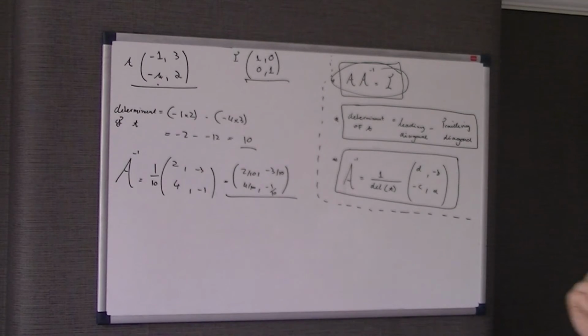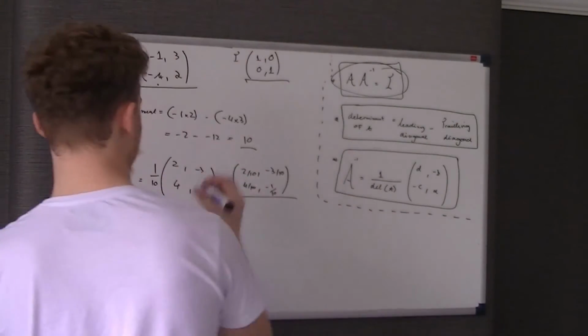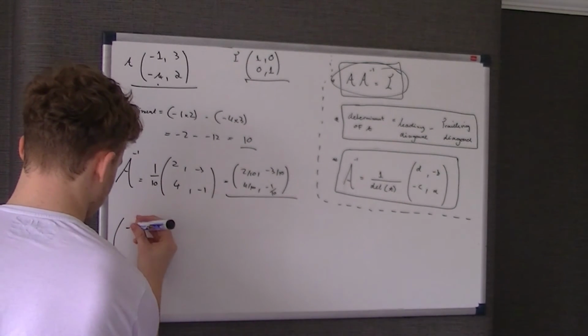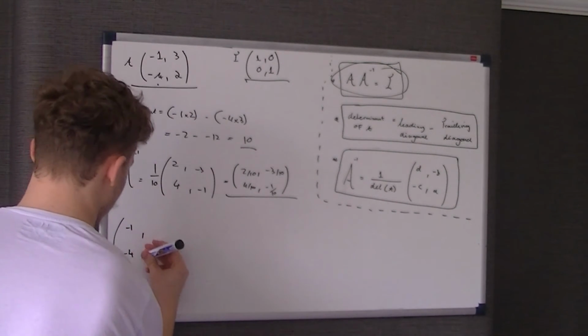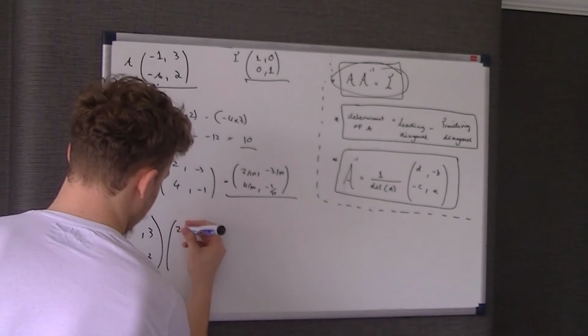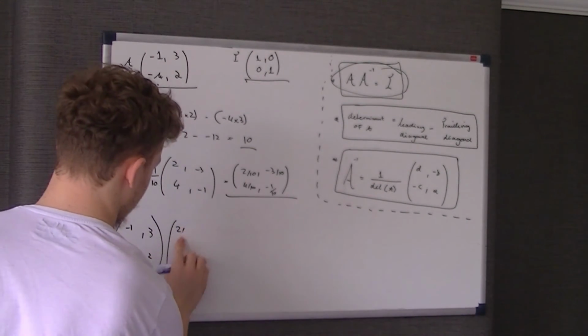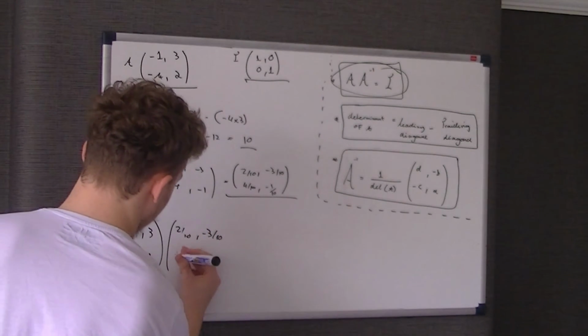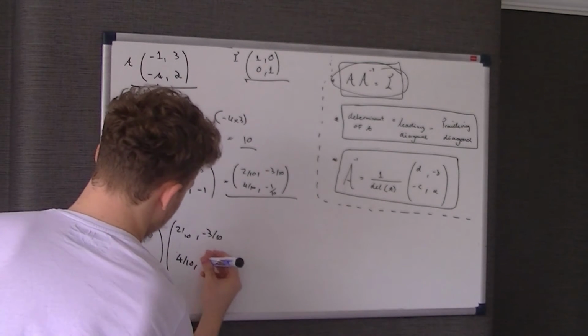It doesn't matter which way round you put them, so the first one I'm going to put is the matrix A, which is -1, -4, 3, 2, and we multiply that by 2/10, -3/10, 4/10, -1/10.